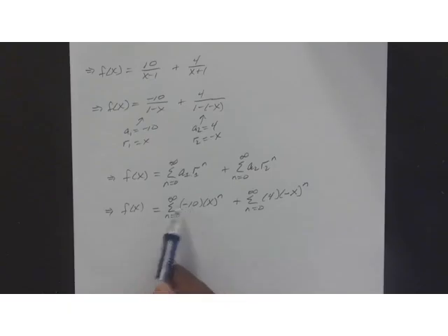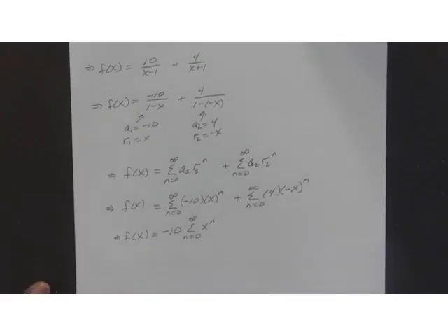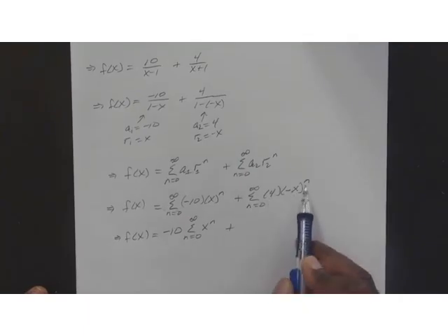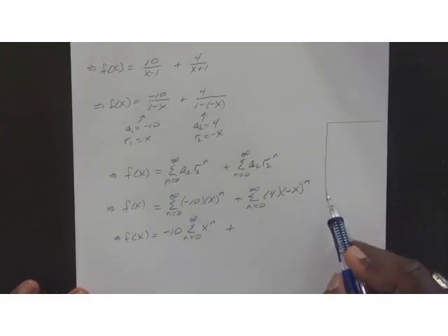Okay, so this negative 10, we can go ahead and factor that out to the front. So we have f of x is equal to negative 10 times the sum from n equals 0 to infinity of x to the power of n, plus, now this negative x to the power of n, remember, we can rewrite that.